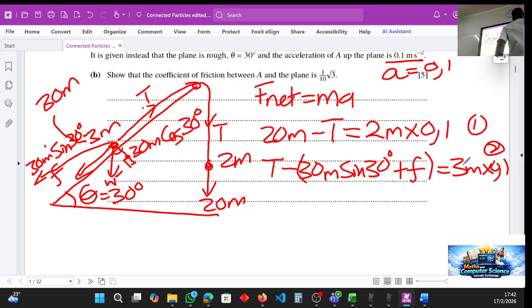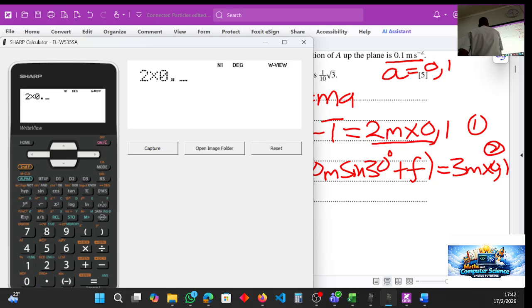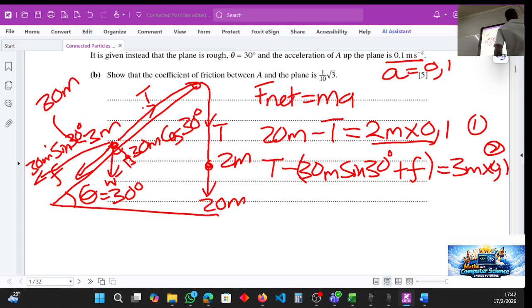Now, let me try and simplify this part. I'll take my calculator: 2 times 0.1 gives me 0.2. So what I have here is 0.2m. I can rewrite this equation as 20m minus T equal to 0.2m.